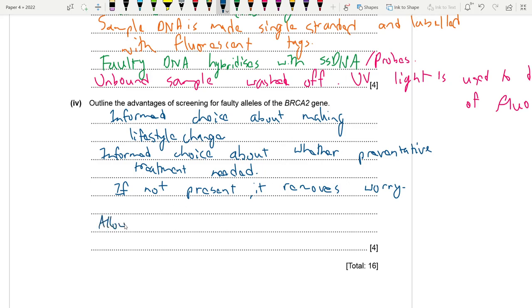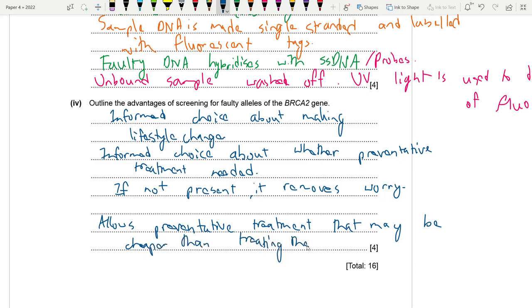This actually allows preventative treatment that may be cheaper than treating the disease itself. So remember, guys and girls, prevention is always better than cure, right? So the earlier you get to know about cancer, the better, or any disease in general.